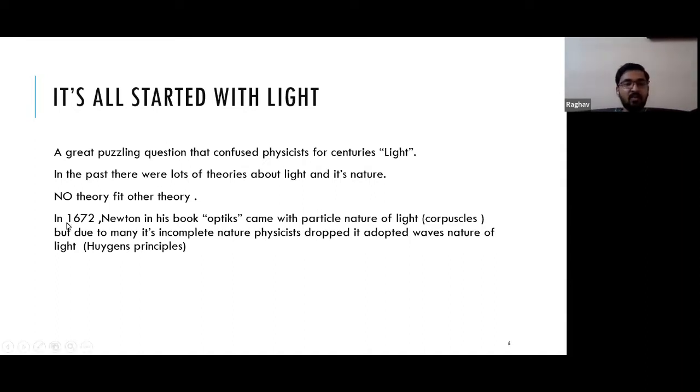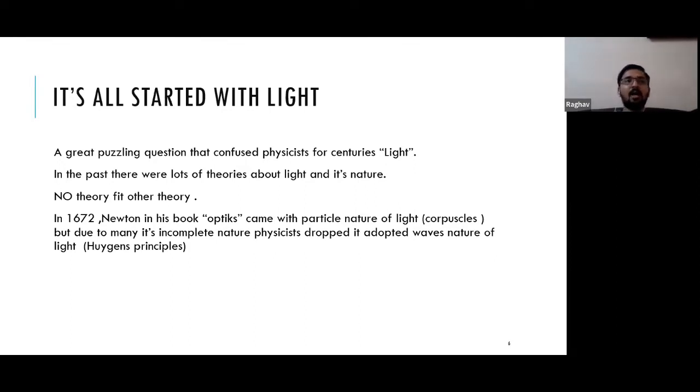In 1672, Newton gave a theory in his book Optics that the nature of light is particles, which he called corpuscles. But later, his theory was unable to describe some physical phenomena like diffraction and interference, so Huygens took over that theory.